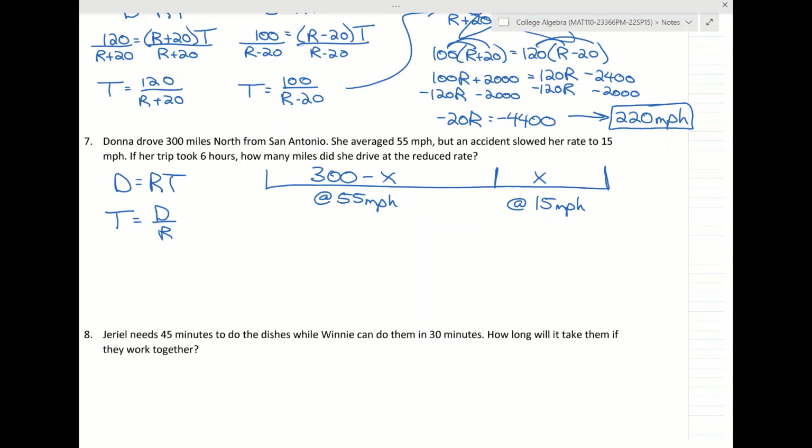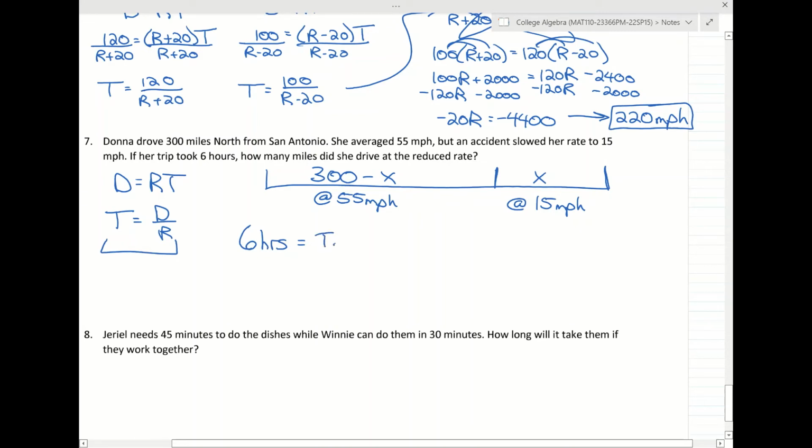The way we're going to solve a problem like this is, if the trip took 6 hours, that's equal to the time without traffic plus the time with traffic.